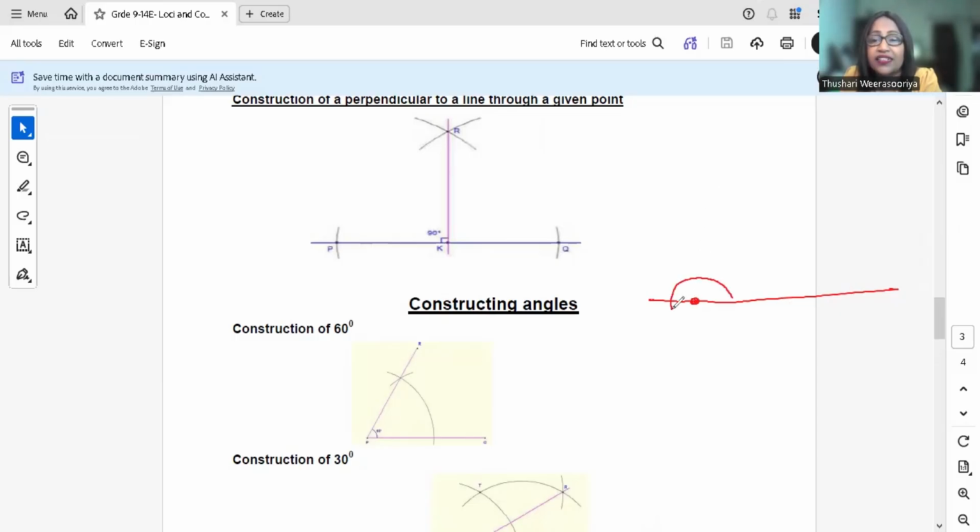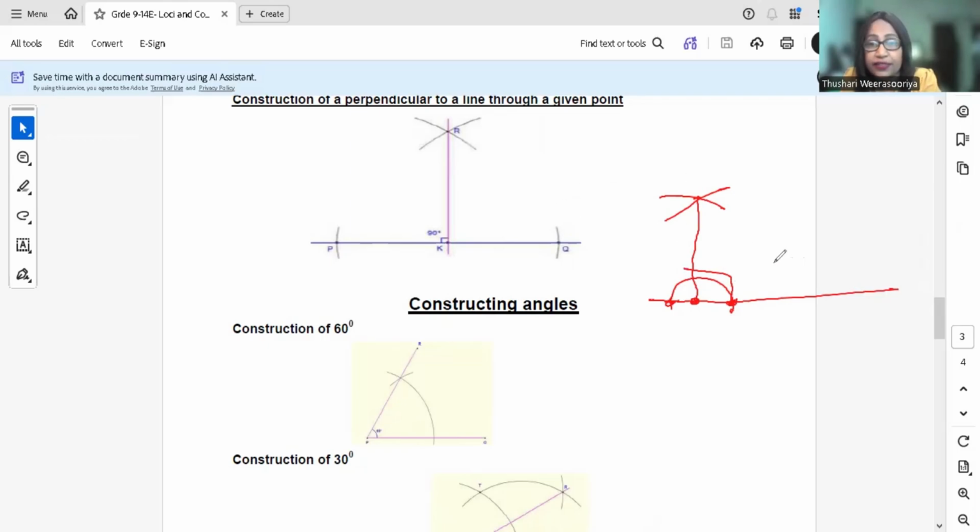Draw an arc like this. And keep the compass point here. Draw another arc without changing. If it is repeating, you can't change. Without changing, construct this perpendicular. Then join this to this. There you get the right angle. Right? I assume you can understand this theory.